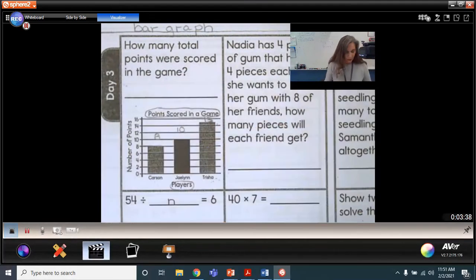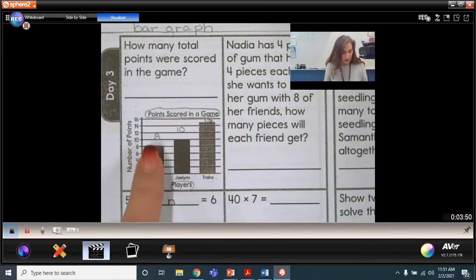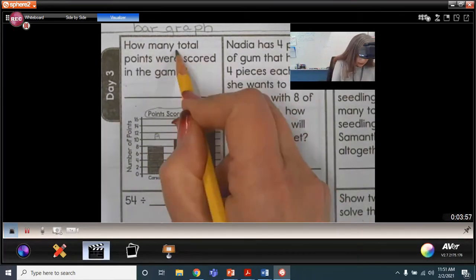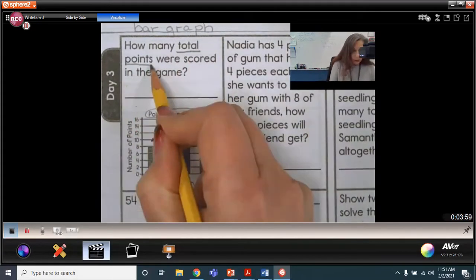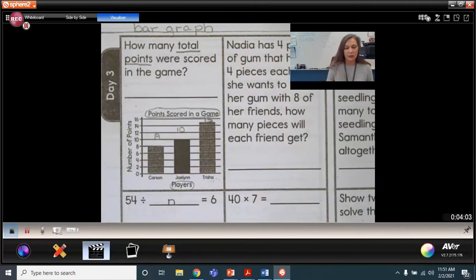So now we are going to take all 3 of their points. Now, if it had just said how many points did Carson and Jalen score, then we would have just used their points and added them together. But since it's asking how many points total, how many total points, we know that we're going to use all 3 pieces of information or data from our bar graph.